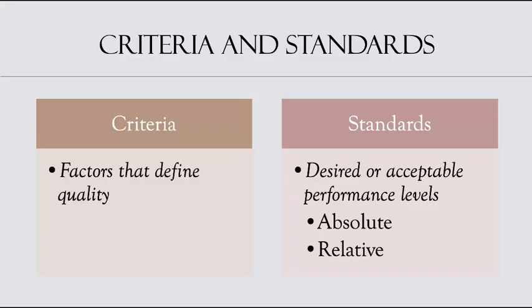Now that you have whittled down your questions, it is time to set your criteria and standards for your questions. This process will likely be very familiar given your professional experiences. It is important to consider that the criteria you will identify are the factors that define the quality, while the standards are what define the level of acceptable performance.